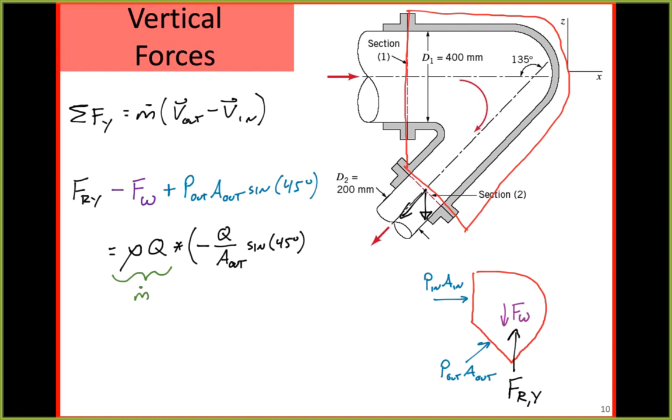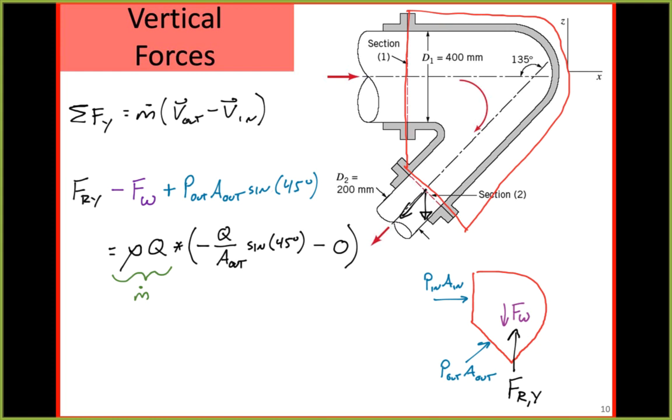What about velocity at the inlet? Is there a y-directed velocity at the inlet? Everything at the inlet in this case is perfectly horizontal, right? So we could write minus 0, I suppose, if we wanted to be complete in our notes, just to remind ourselves that that's a 0.